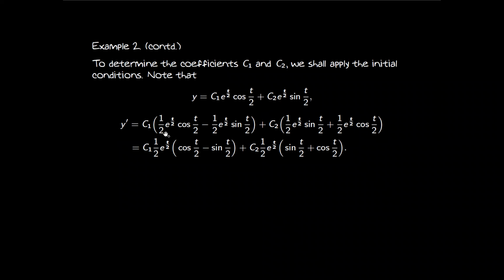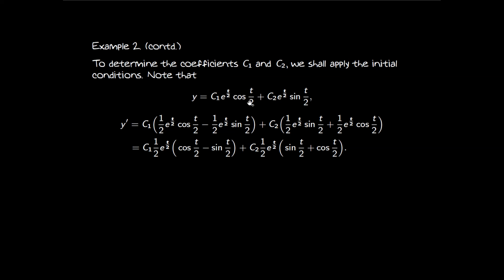So we have to also use the chain rule. For example, for the first term, when you take the derivative of the first factor, the exponential function's derivative is itself, and then the exponent's derivative gives you 1/2, times the second factor. Then you use the first factor, e to the t/2, times the derivative of the second one.